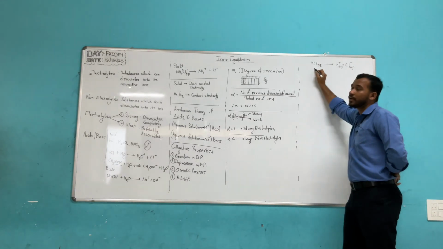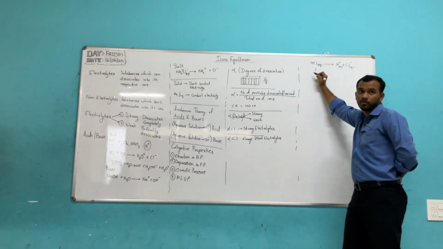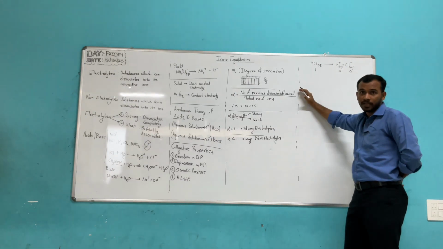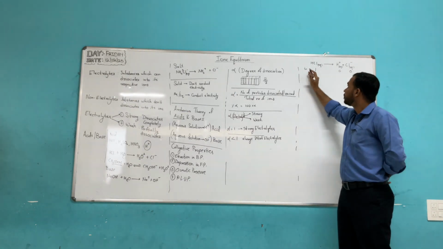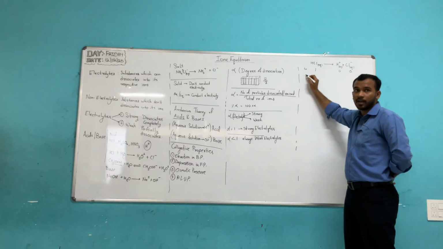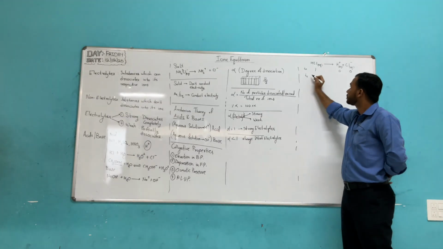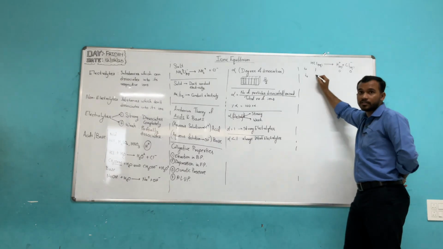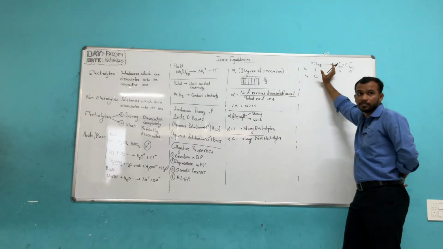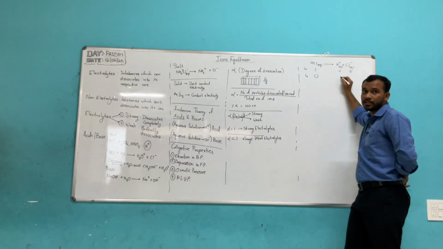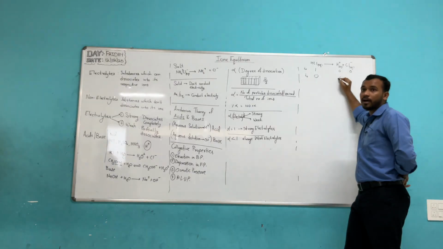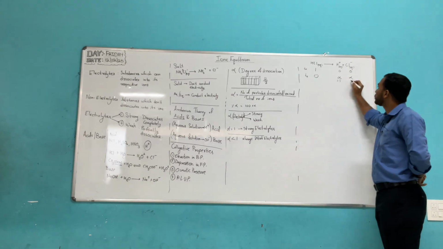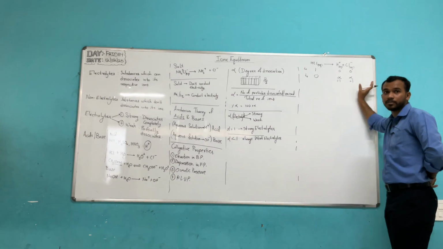Suppose initially there is 1 mole, and the number of moles dissociated is 0 at the initial condition. But after some time t, the dissociation will happen and 0 molecules of HCl will remain, and the dissociated part will be alpha. Here the degree of dissociation will become 1. So 1 ion of each will form.